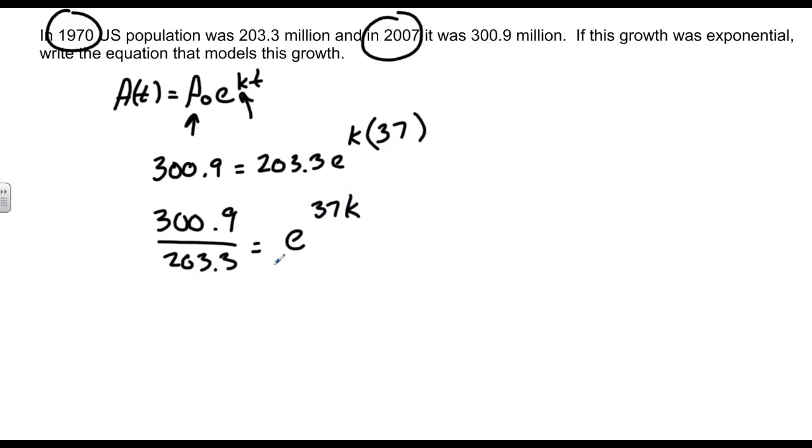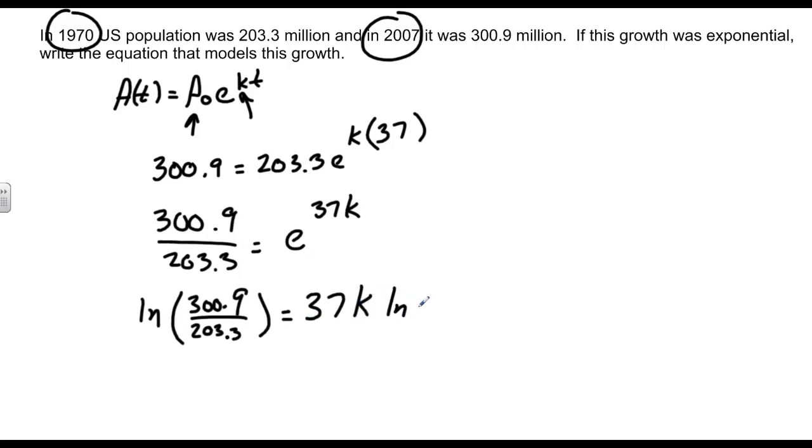I want to bring the 37k out in front, so I'll use a natural log. The natural log of quantity 300.9 over 203.3 will equal 37k times the natural log of e, which we know is 1.